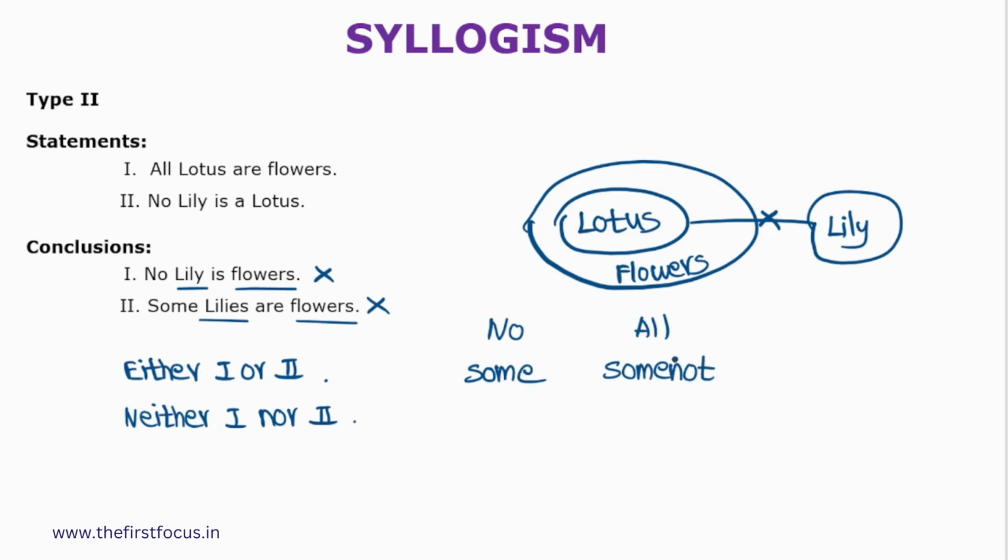If these pairs are present, then the option is either 1 or 2. No, some; all, some not. Here the complementary pair no, some is present. So the answer is either 1 or 2.